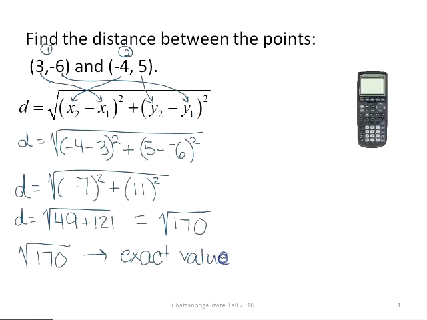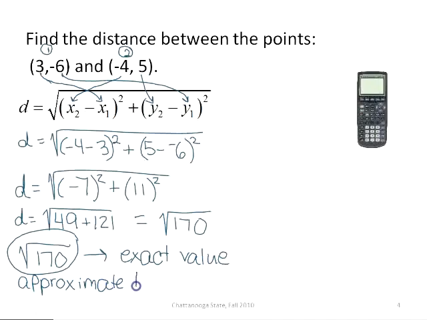So when we want to give the exact value for an answer, we give the radical form. That means with the square root in there. Sometimes we will want to give an approximate answer.